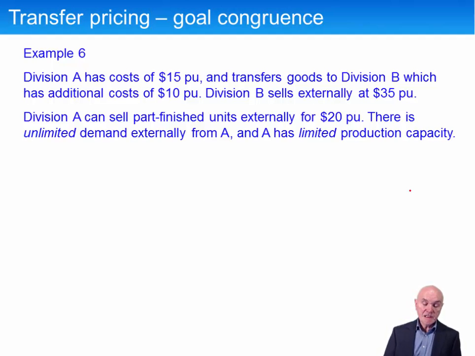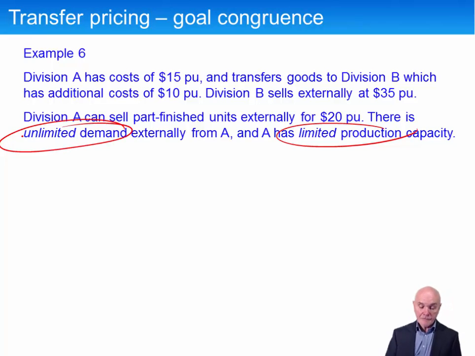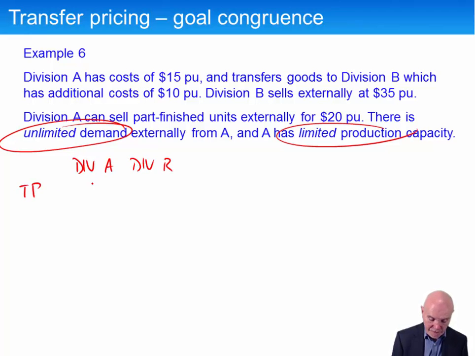No figures have changed, but what has changed is now we have limited production capacity in A and unlimited demand. So division A, division B, we have the transfer price, that's going to be nothing there. We have our own costs, the same as before, 15 and 10. We have the total costs there, and a bit of a profit there.